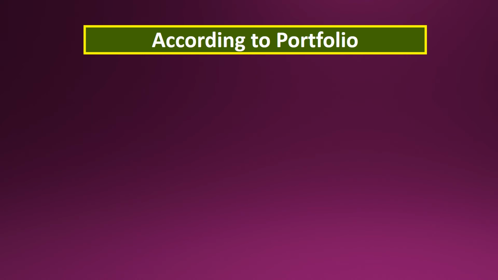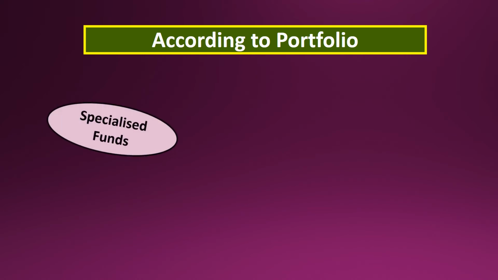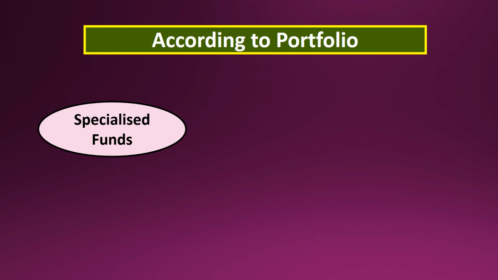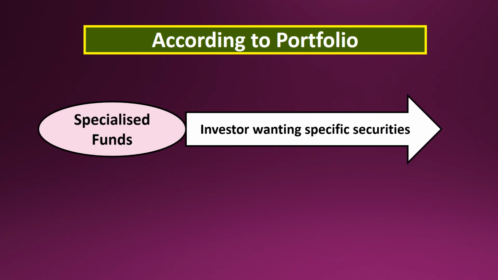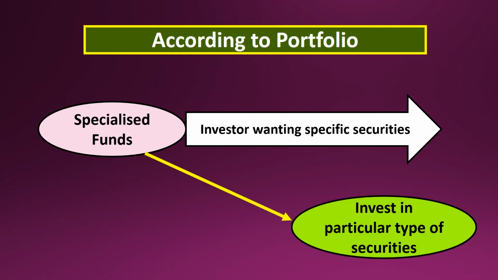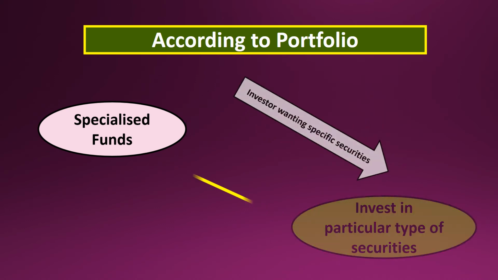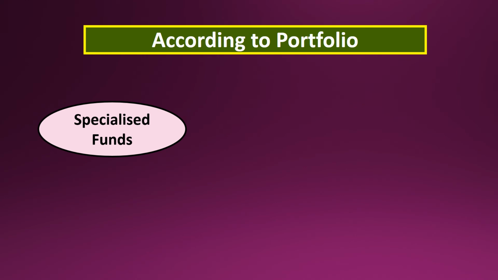And then comes the specialized fund. This fund specializes in the securities of companies dealing in a particular product. Thus, we can say that these funds invest in a particular type of security. They invest in firms that are in a particular industry or in certain income producing securities.